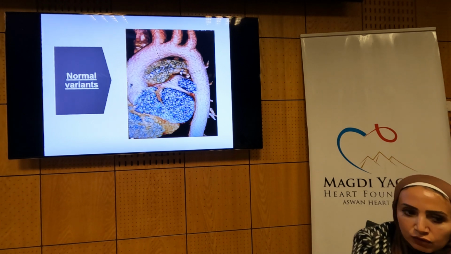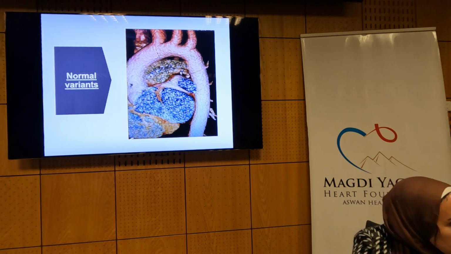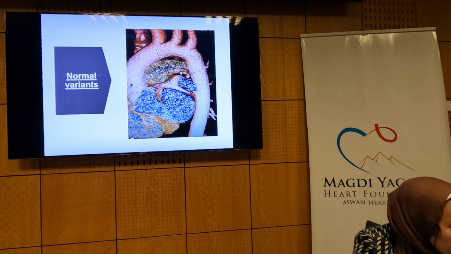If the babies have a Gothic or Romanesque aortic arch, much literature says that this is abnormal, and this change in shape might change the fluid hemodynamics. However, it's still a normal variant and does not have a clinical implication for the child.